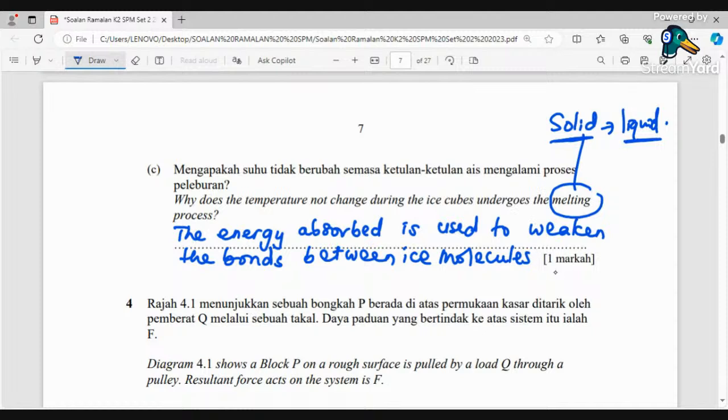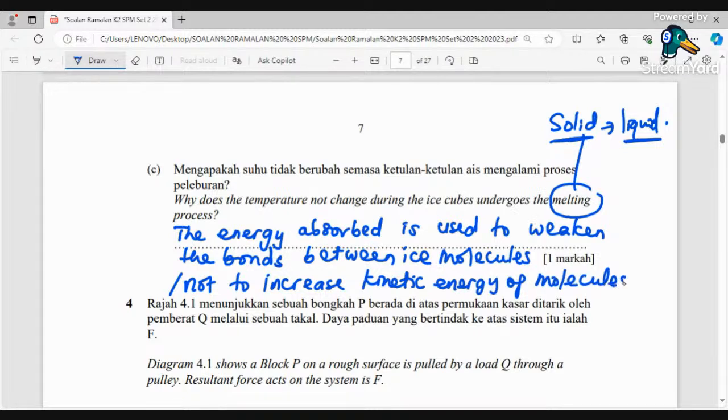If 2 marks, you boleh tambah lagi, not to increase kinetic energy of molecules. Okay, ini kalau 2 markah, you tambah je lagi macam ni. Okay, ini untuk jawapan 1 markah cukup dah. Okay, that's why you always check the mark provided, semak markah yang diberikan.